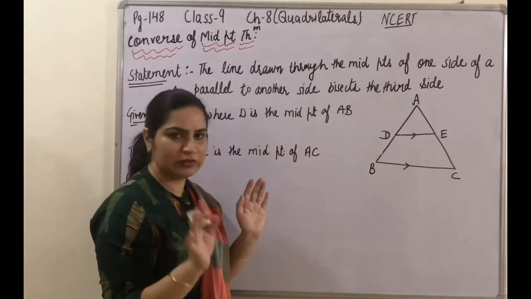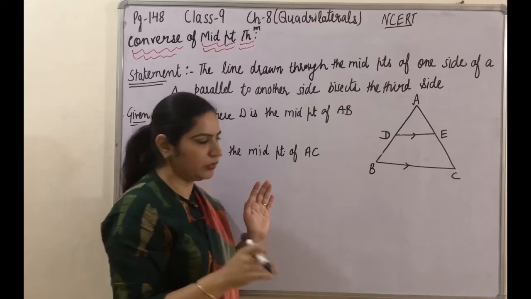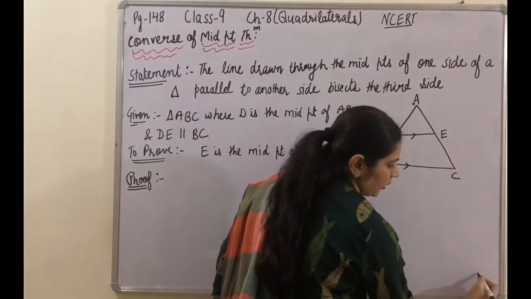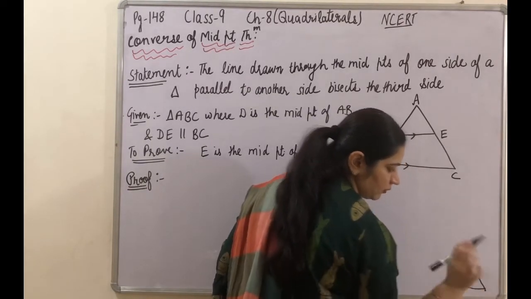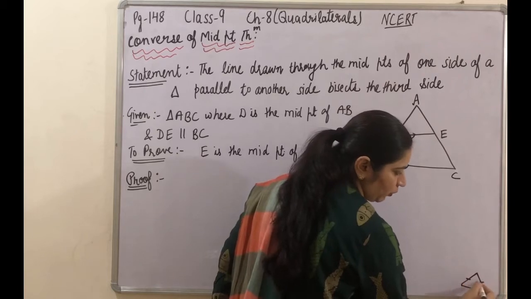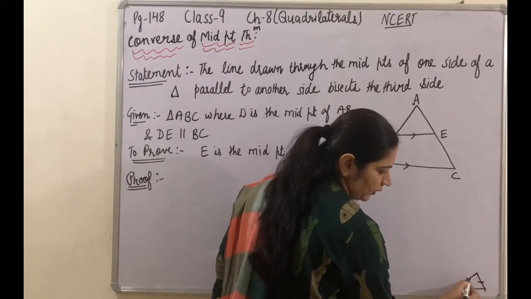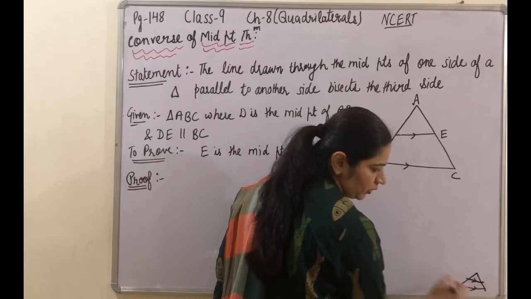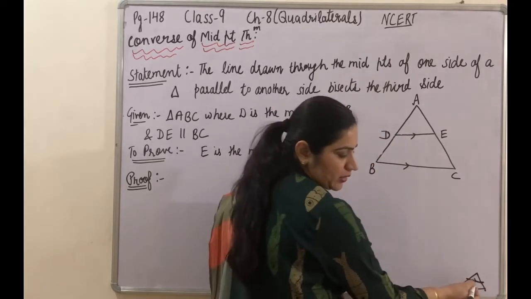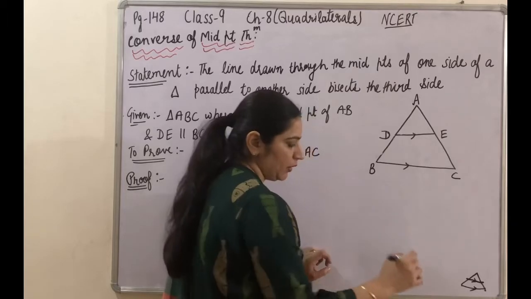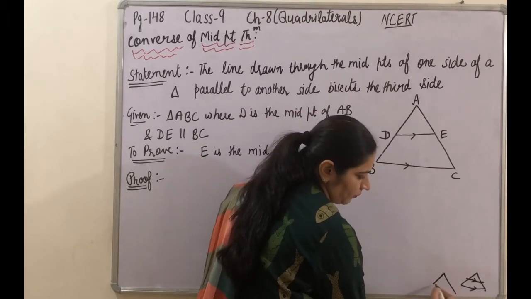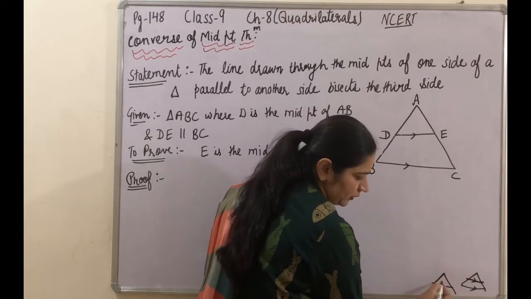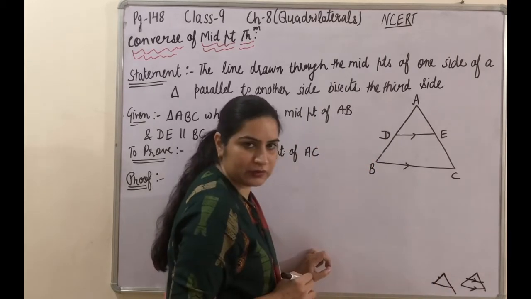Just see the difference between the midpoint theorem and the converse of the midpoint theorem. In the midpoint theorem, a triangle and two midpoints were given. When we joined these two midpoints, we proved this line is parallel to the third side and equal to half of it. But in this theorem, a triangle is given and one midpoint is given.